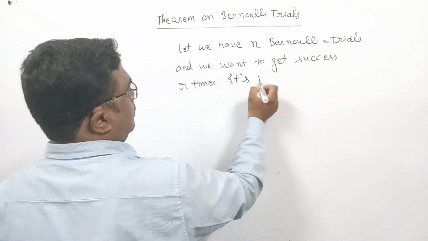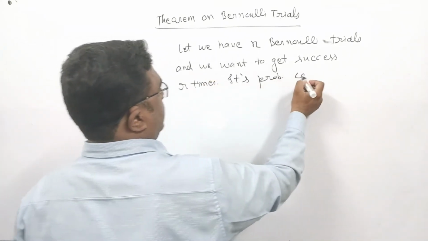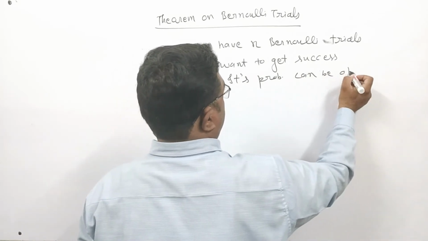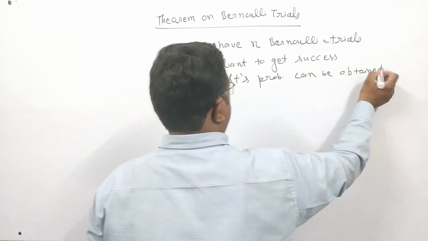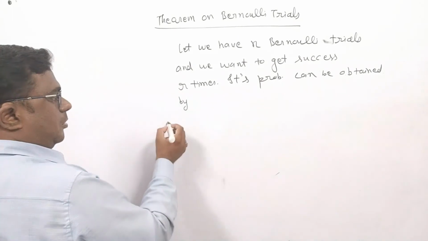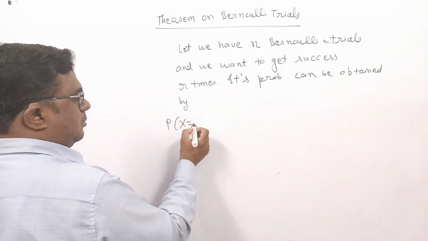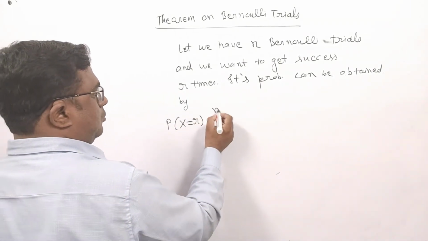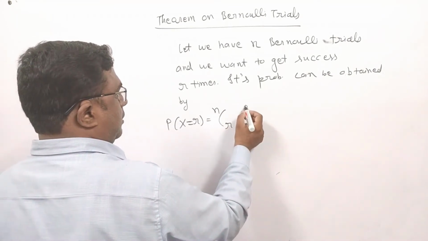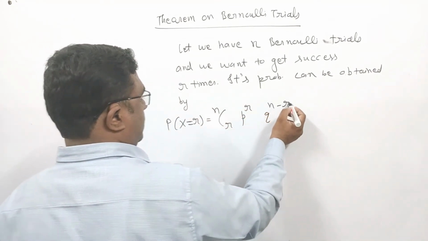Its probability can be obtained by this formula. P(X = r) is equal to nCr p power r q power n minus r.